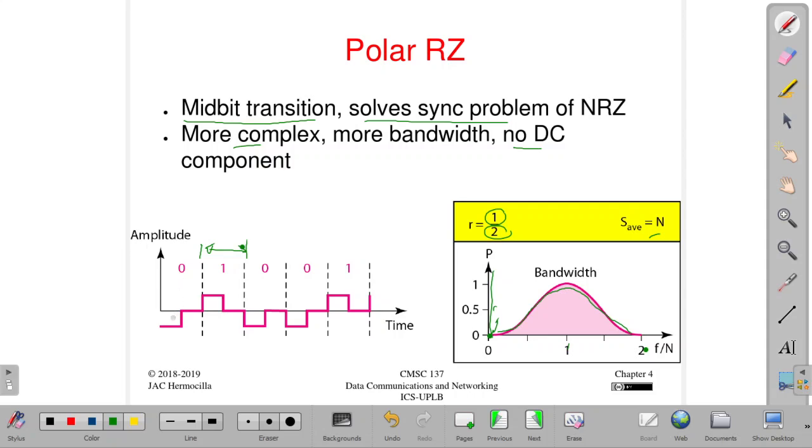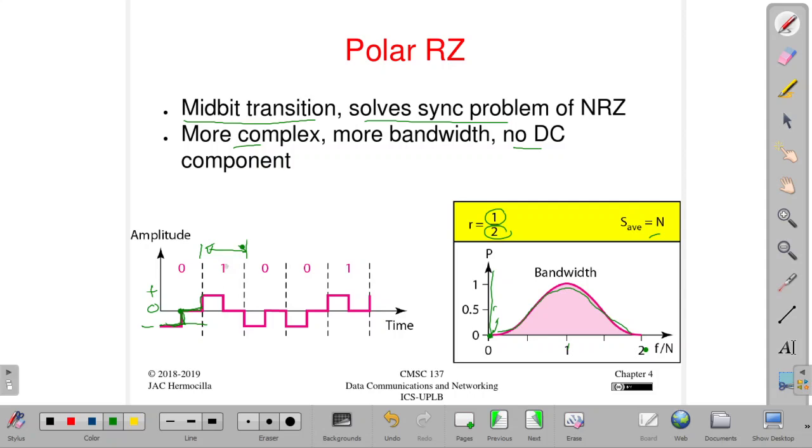So let's take an example. So we have 0 here. So essentially this is the 0 level, but there is a mid-bit transition. So this is negative, this is positive, this is 0. So the mid-bit transition happened here, from negative to 0, then 0 to positive.